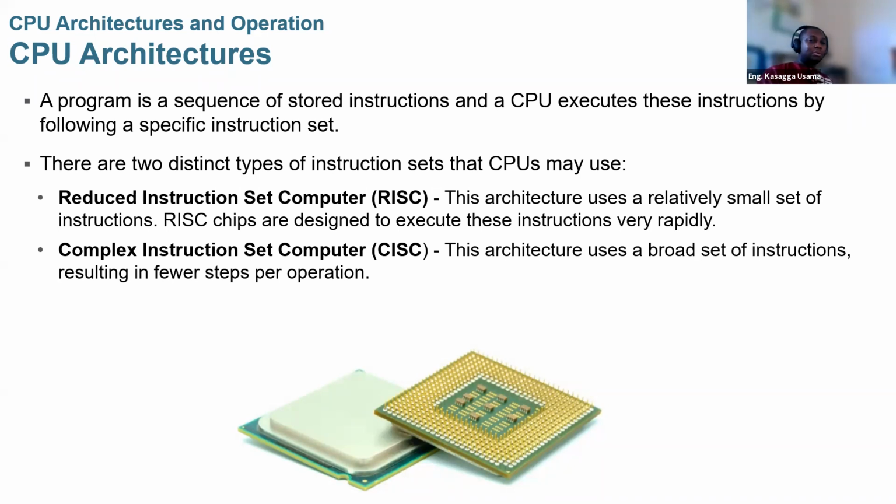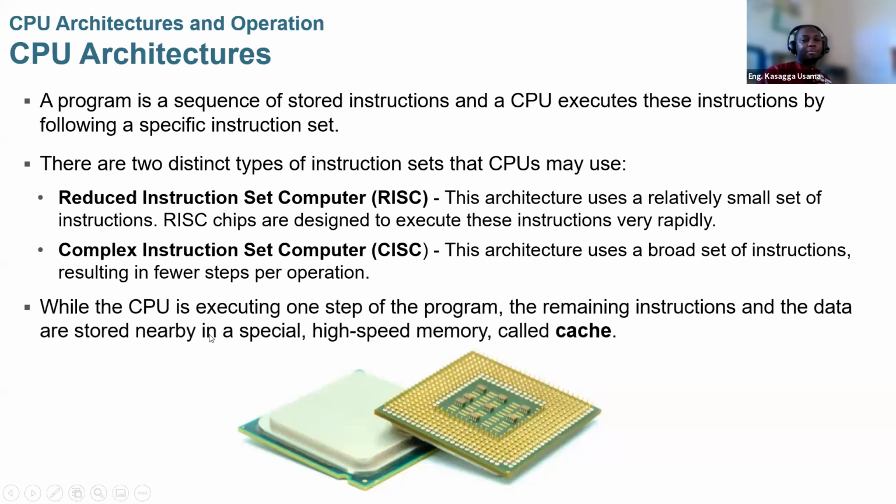One is the reduced instruction set computer, and the other is the complex instruction set computer. These architectures are used on the machine, and there are chips inside the processor doing different functionalities, responding to the different functions that you give to a computer.